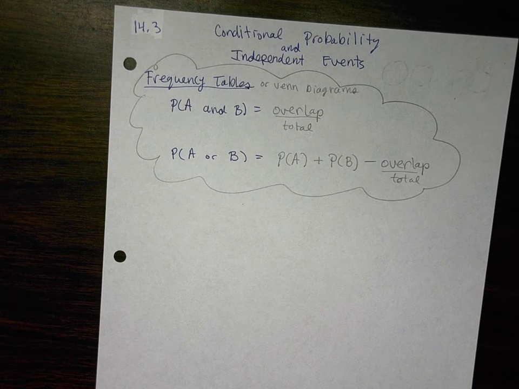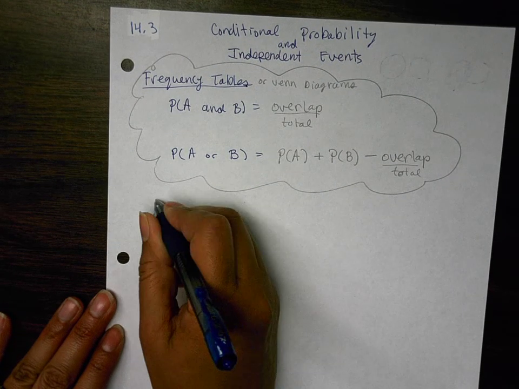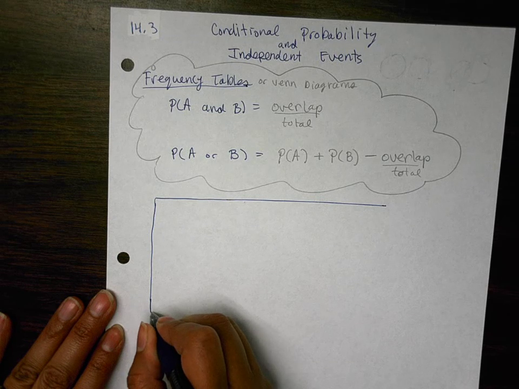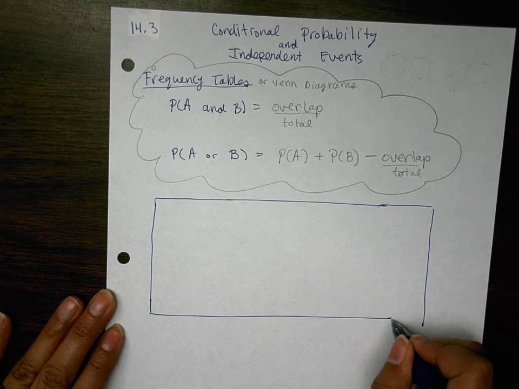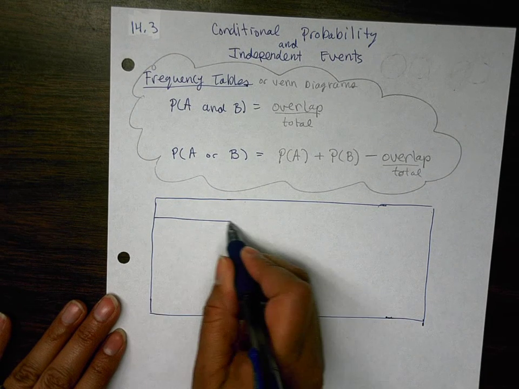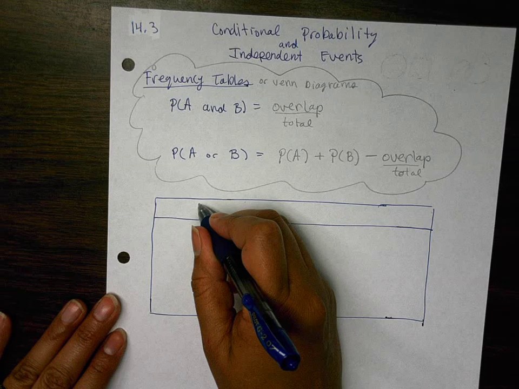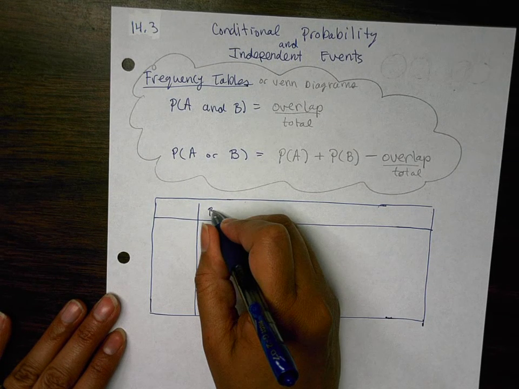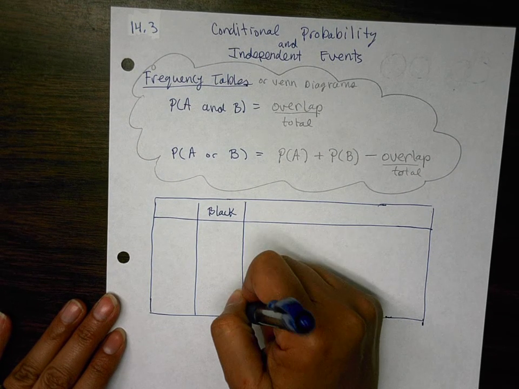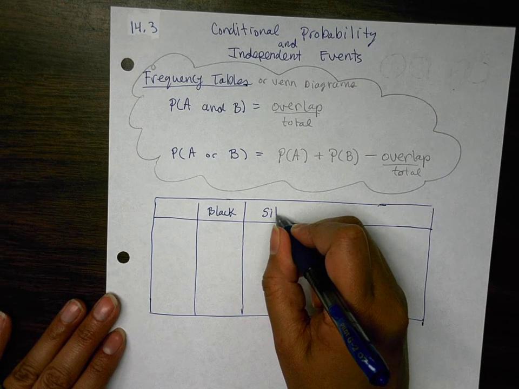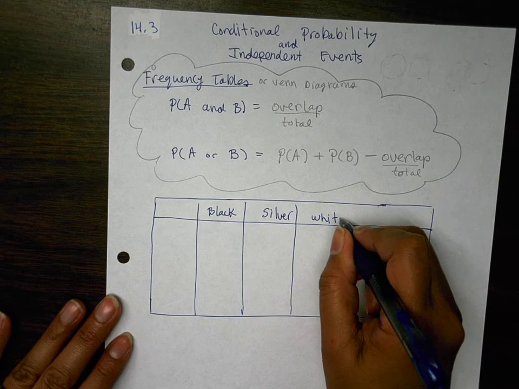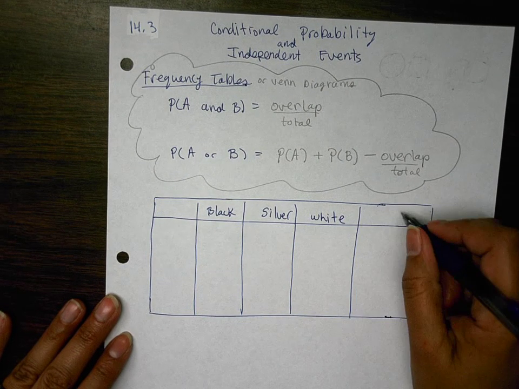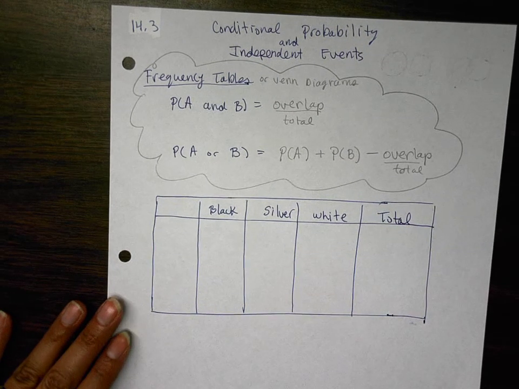Mine's going to be a 1, 2, 3, 4, 5 going down, a 1, 2, 3, 4, 5 going across. Okay, everybody has this down.